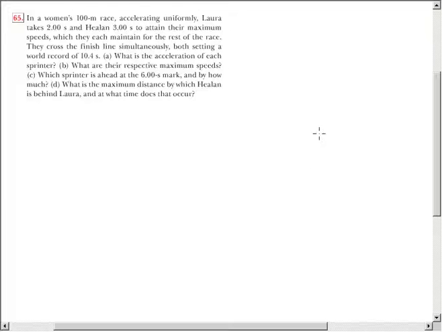We can describe the motion in 2 phases. An acceleration phase described by the equation x equals x initial plus some initial velocity times t plus 1/2 the acceleration times t squared.